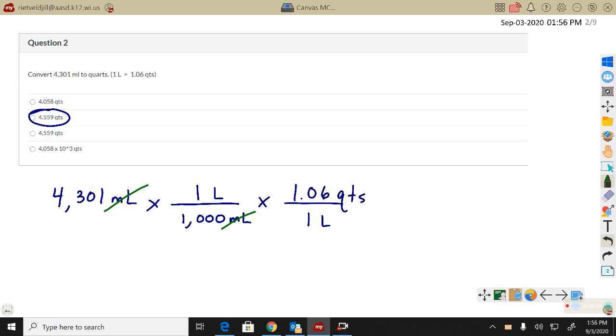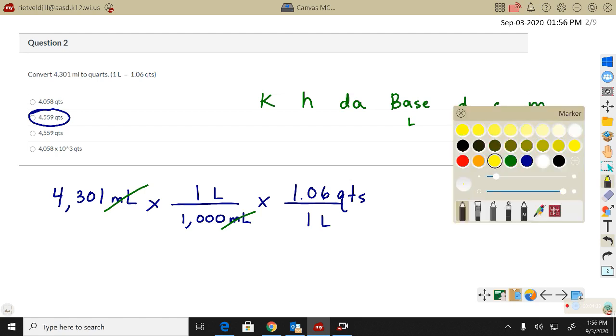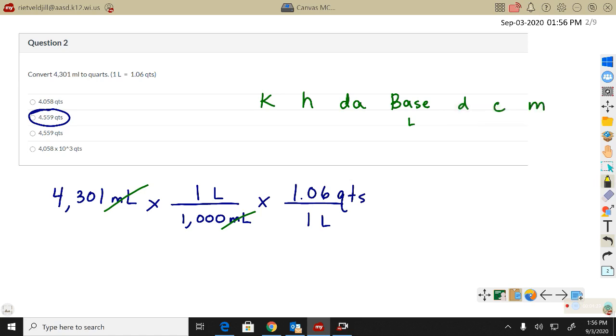Or if you would rather, as long as you remember the order of those metric bases, kilo, hecto, deca, then comes the regular base unit, which here would be liters. It's like regular grams, meters, liters, then deci, centi, milli. So you could just move the decimal spot too, where the given number was in milliliters, and I would want to bring it to liters. 1, 2, 3.